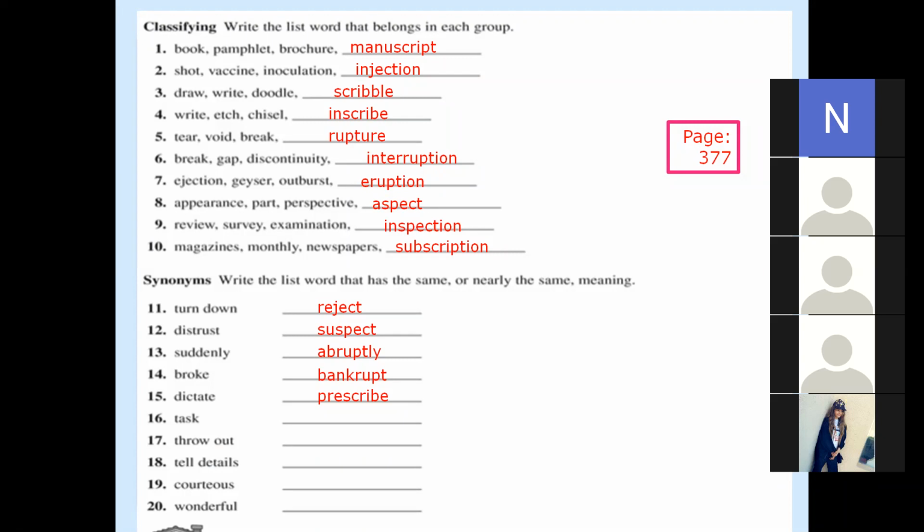So now task. Project. Very good. Throw out. Eject. Tell details. Describe. Yes, eject.